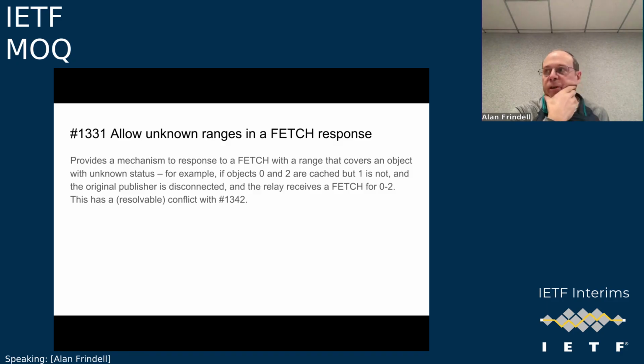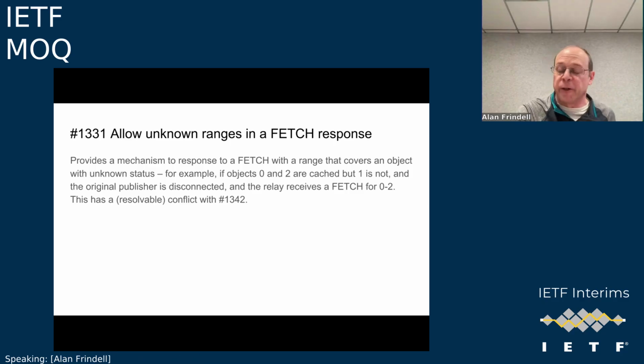I agree with you that fetches are a way to make sure you get all the data, and this creates an escape hatch that wasn't there before. Right, because we are expecting that a future fetch might convert this unknown range to do not exist. Is that the only transition that can happen? No, I think unknown can become retrievable. Let's say the publisher was disconnected from the relay for 1 second, and that's when I came in.